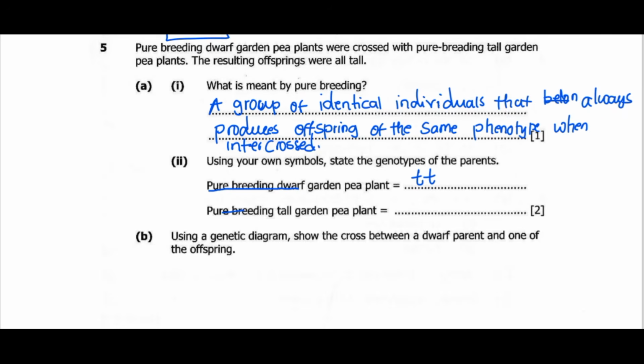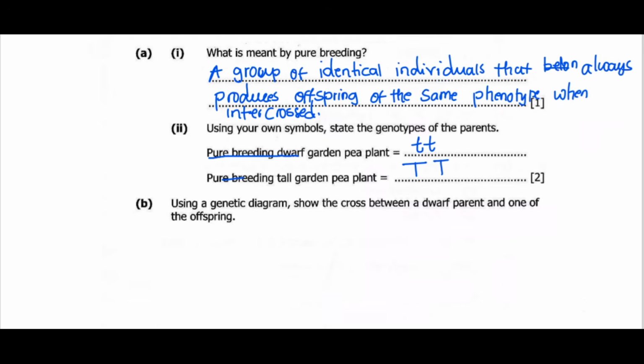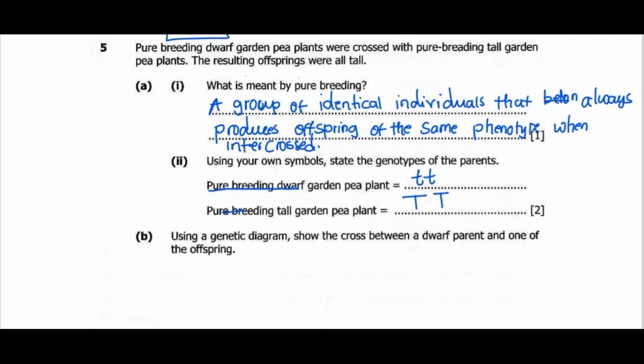Then pure breeding tall garden pea, here we are going to have capital letter T, another capital letter T. Why are we giving capital letter T? Because this indicates that the capital letter T is dominant over the small letter t. How did you know that this is dominant? Because the offspring were all tall.